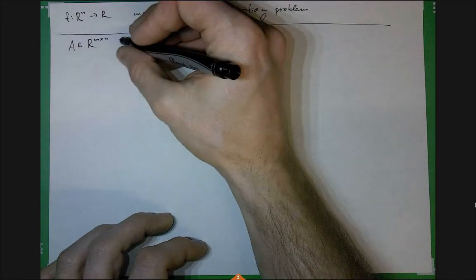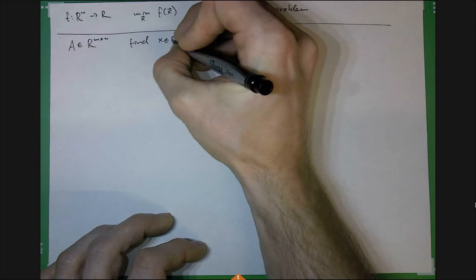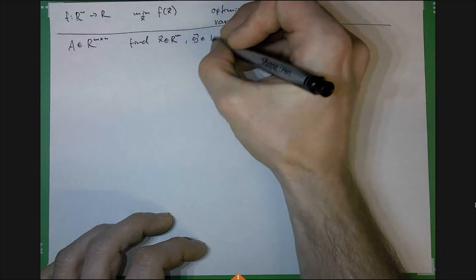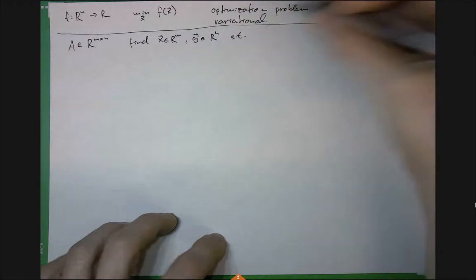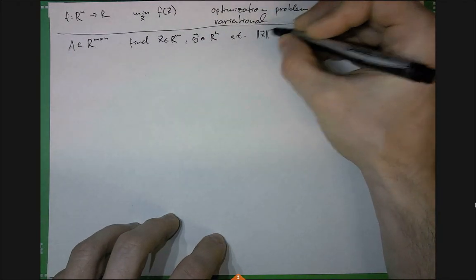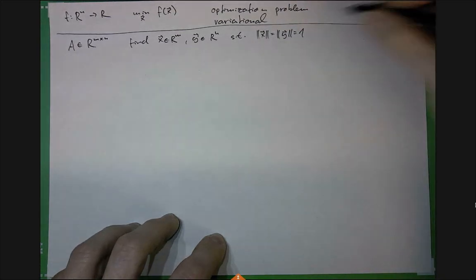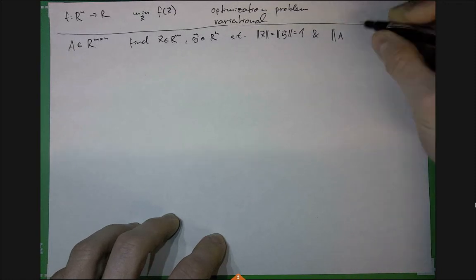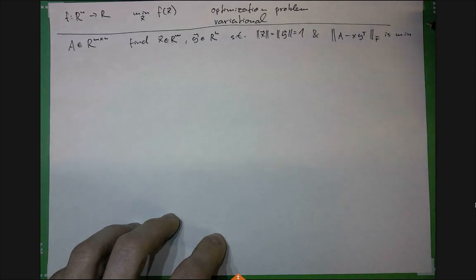The task is to find two vectors, x, of dimension m, and y, of dimension n, such that the norm of x and the norm of y are both 1. And here is the main part: the Frobenius norm of A minus x y transposed is minimized.